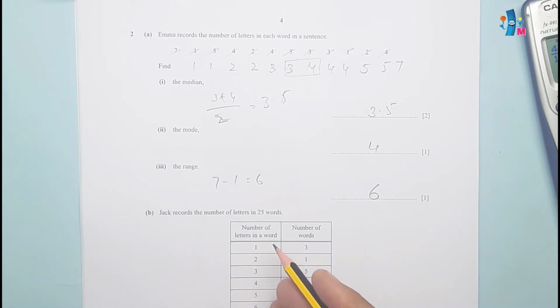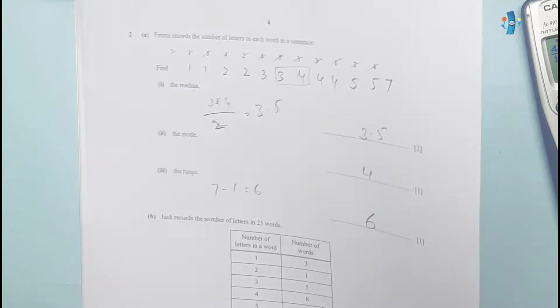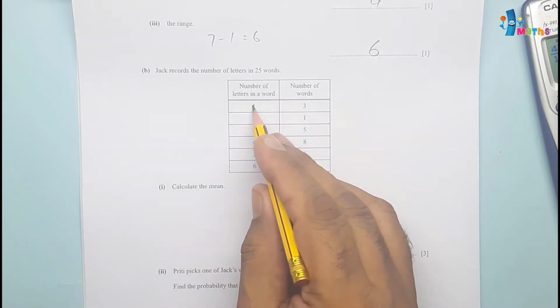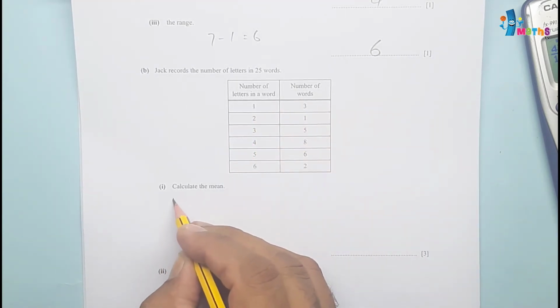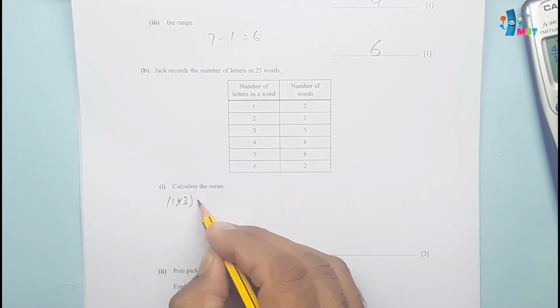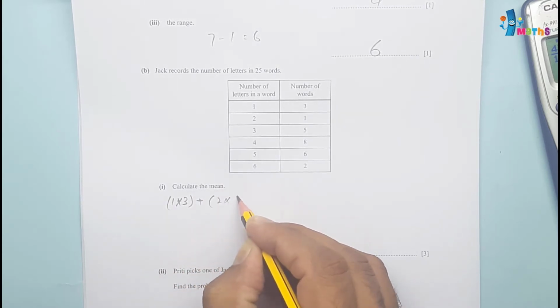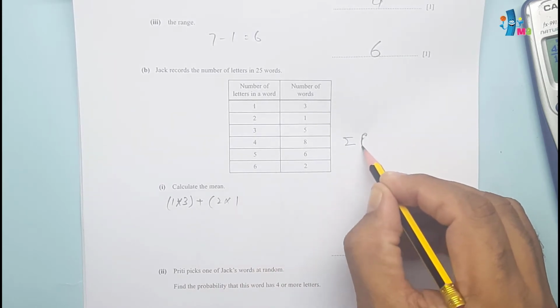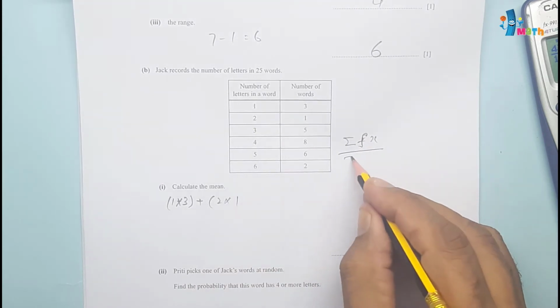Jack records the number of letters in 25 words, and the number of letters in a word is written, and a table is given with the number of words. Calculate the mean. So we'll multiply this with this. 1 multiplied by 3, then plus 2 multiplied by 1, basically sigma fx over sigma f.